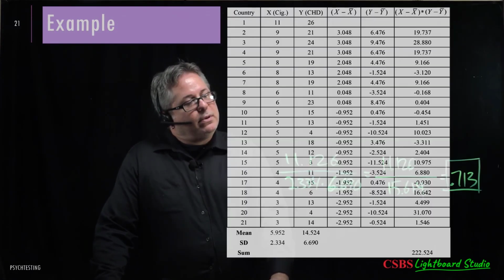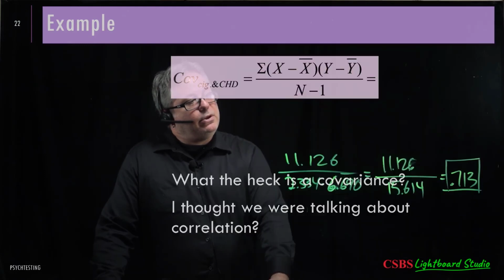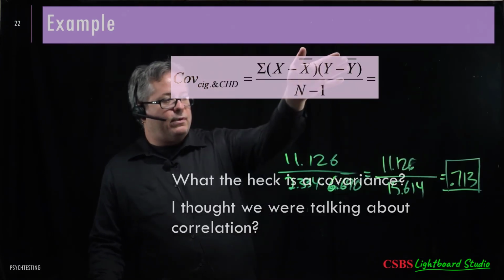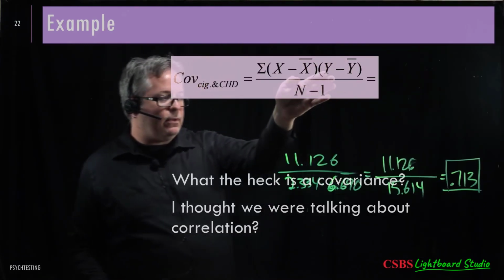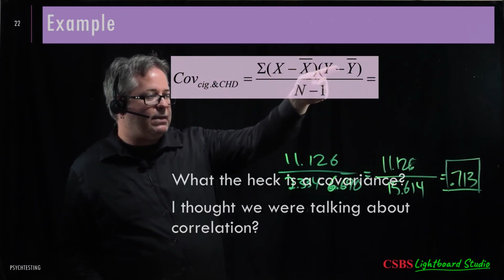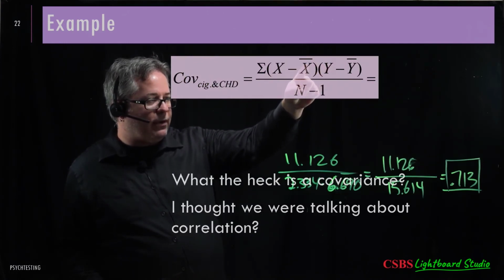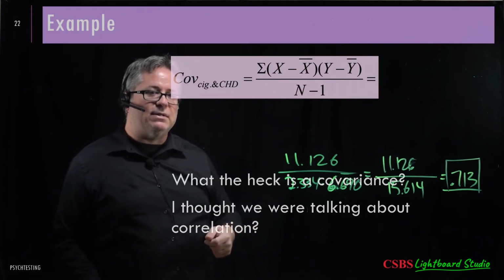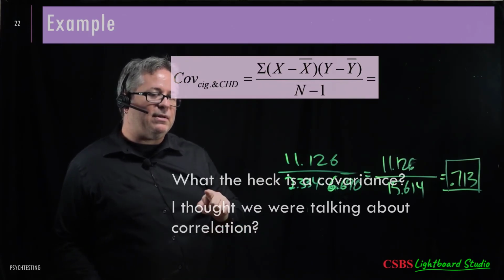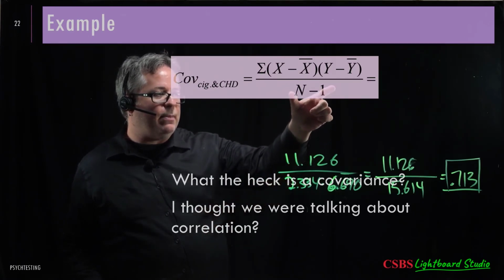I didn't really explain it so well, except that if you were to look at this, you would expect that you would lose 1 for x and 1 for y. That makes sense, right? And that will come back around in a second to make it even more confusing. But we typically divide by n minus 1.